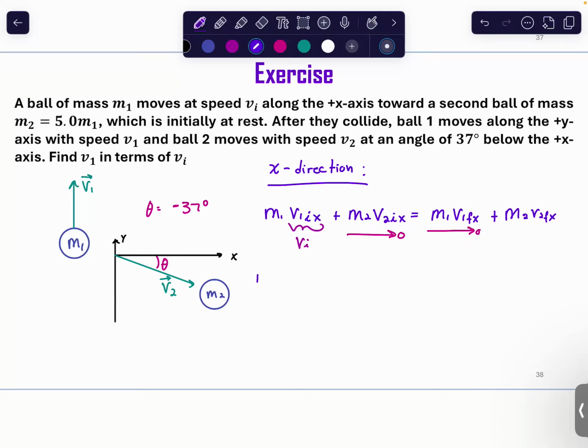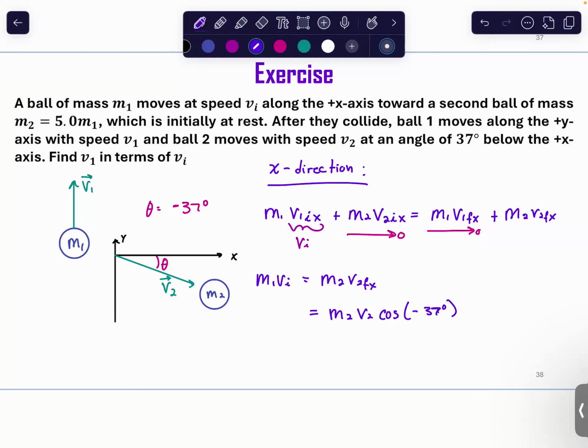So we say that we have m1 vi equals m2 v2 cosine of negative 37 degrees.